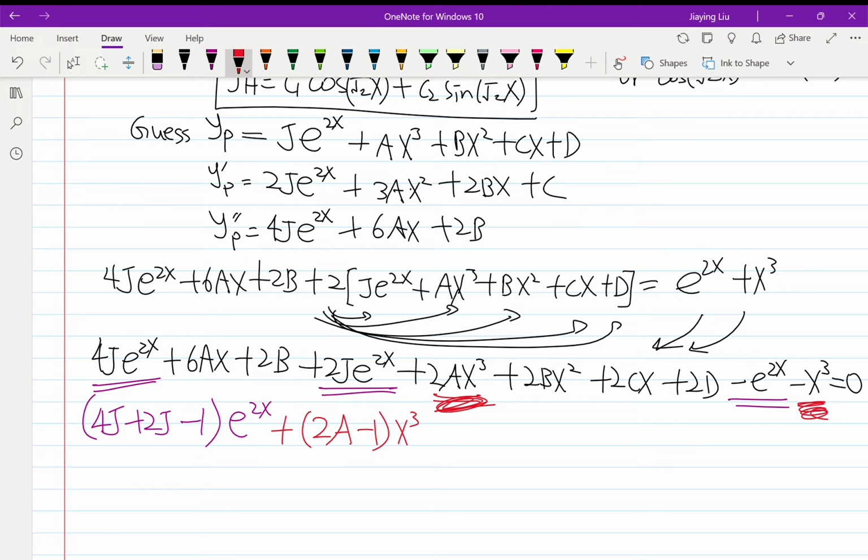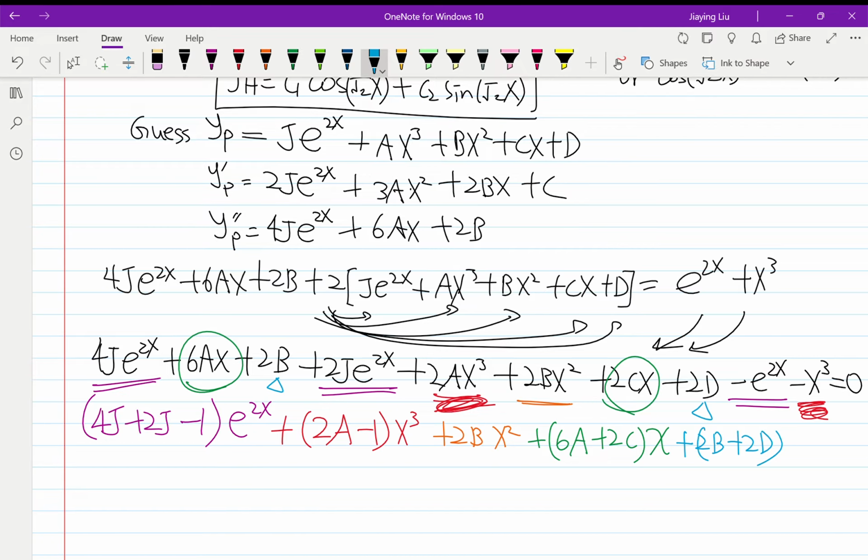And all the terms with x squared, there's only one, which is 2b x squared. Then all the terms with x, I'm going to put them together, so I get 6ax and then 2cx, so I have 6a plus 2c times x. And at the end, all the terms that don't have any x, the constant terms, I'm going to put together. So I have 2b and 2d, so 2b plus 2d. That's all the terms on the left, so that should equal 0.